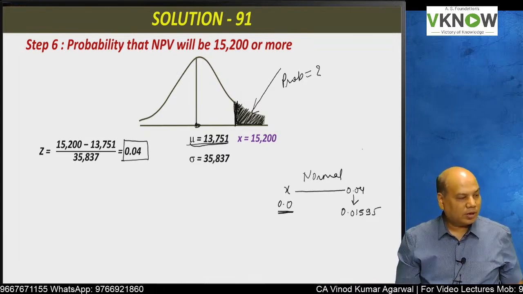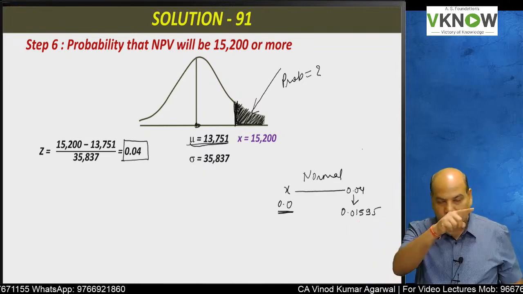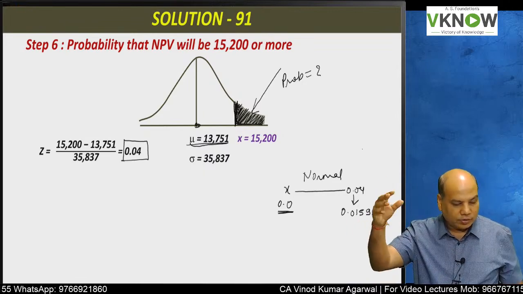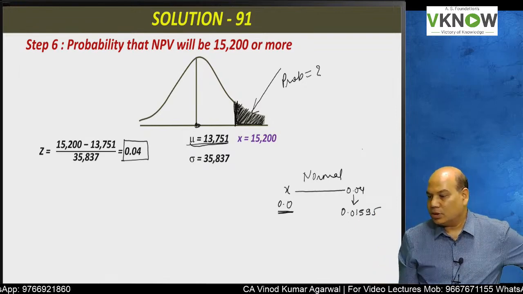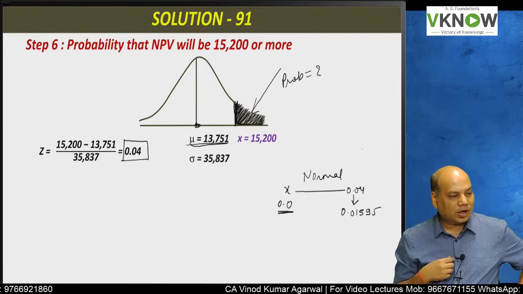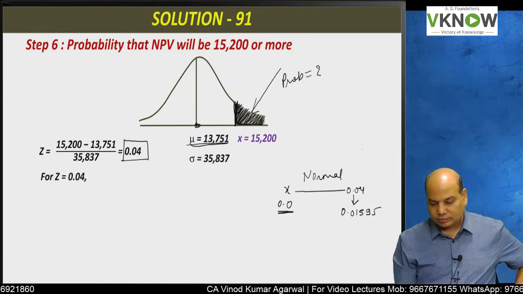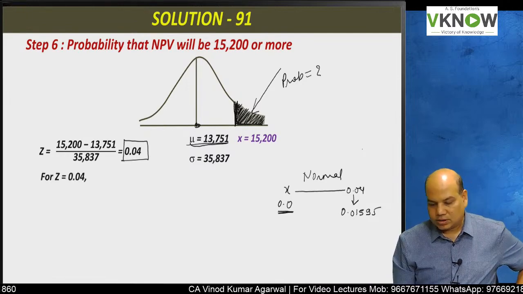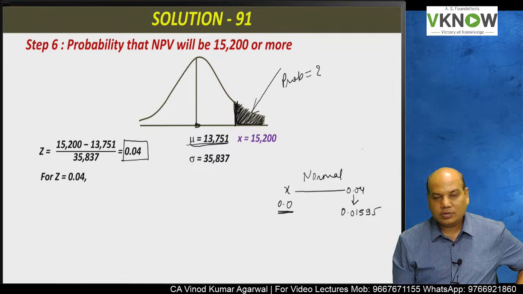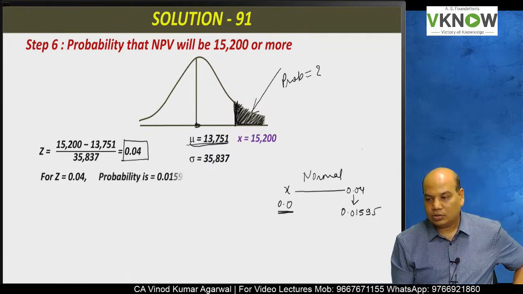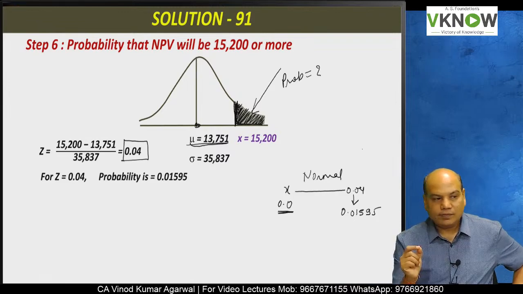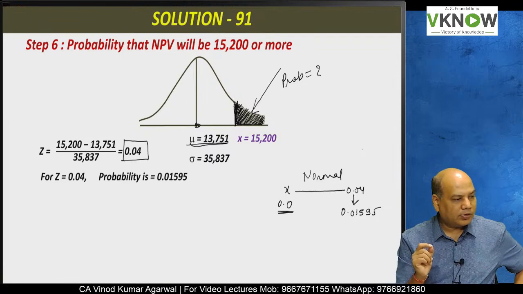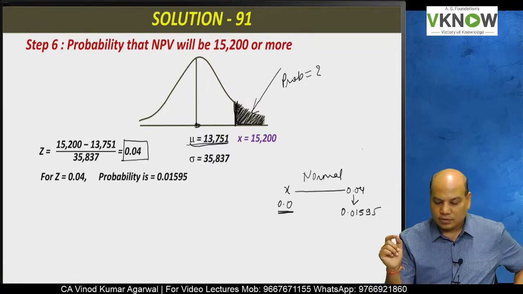Are you able to locate it? Yes. Then write, for z is equal to 0.04, probability is 0.01595.